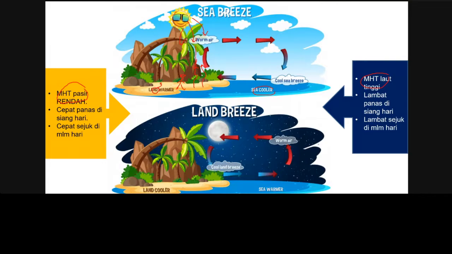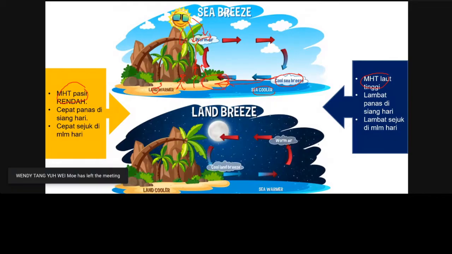Okay, so here udara panas tadi, yang daripada pantai tadi, it will go up here, which creates a low pressure. Okay, low pressure. So sini pula kita ada udara yang sejuk. Udara sejuk is heavy, so it cannot go up, but it can move around. So why would it go to the land?